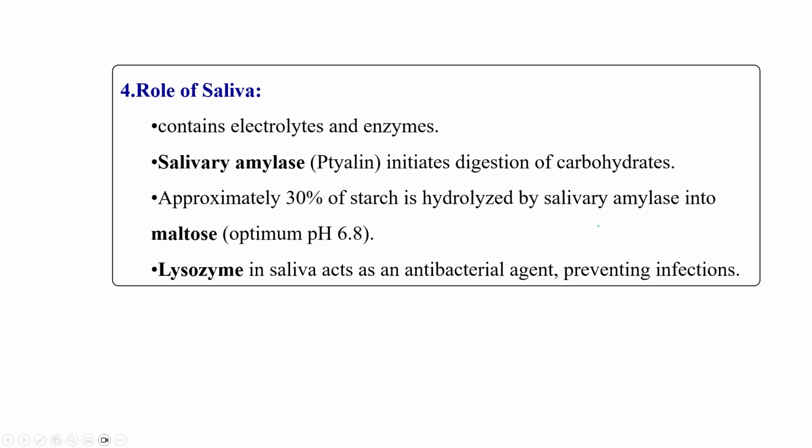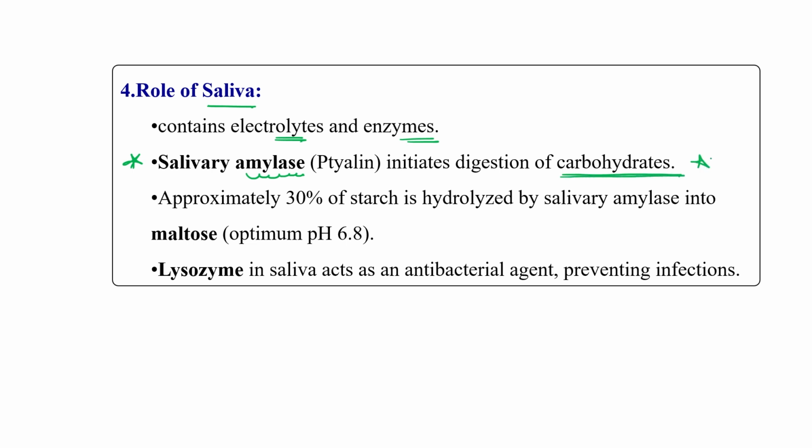So what is the role of saliva? Saliva produces certain enzymes and electrolytes, and the salivary enzyme amylase, also known as ptyalin. Salivary amylase initiates digestion of carbohydrate.